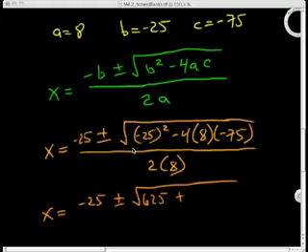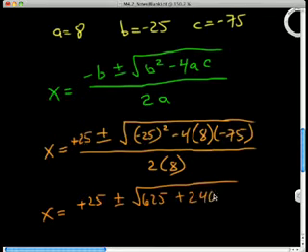So let's see. 4 times 8 times 75. Oh, my 8 didn't show up. What is going on, calculator? You're really messing me up here. 4 times 8 times 75 is 2,400. Yeah, so this is positive, I agree.